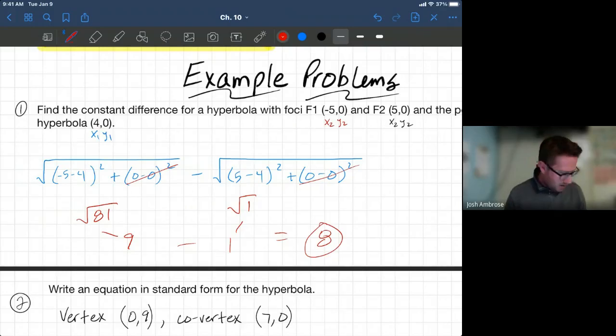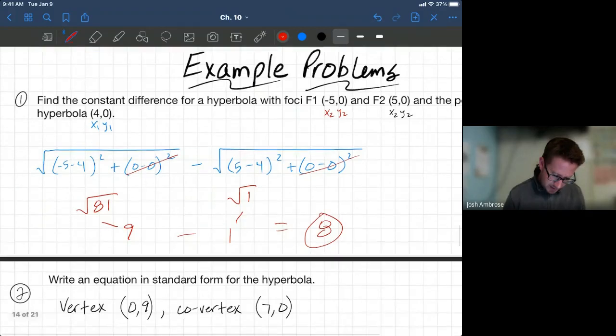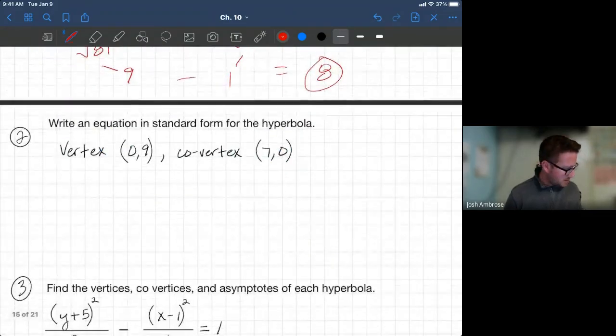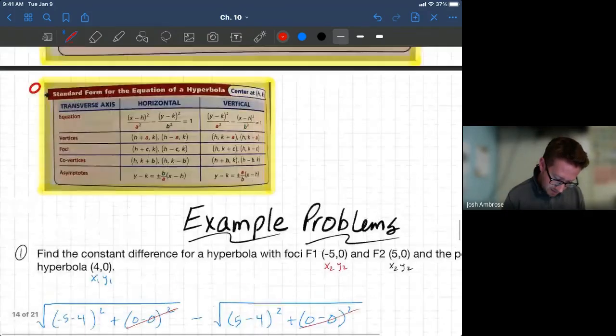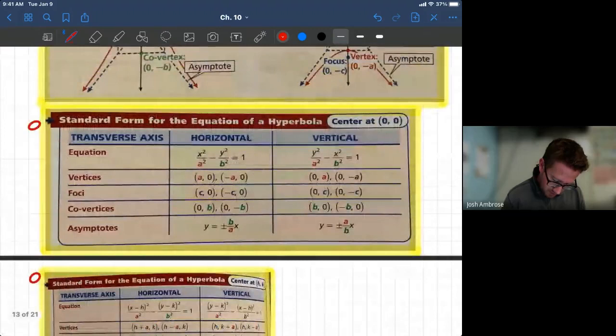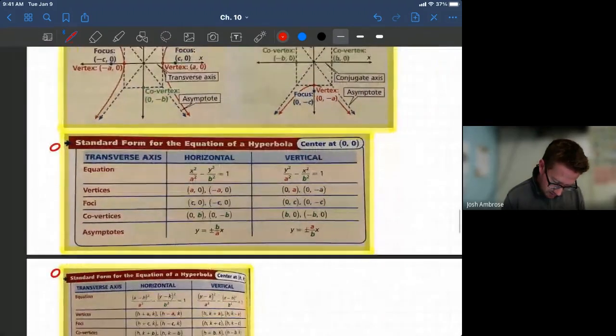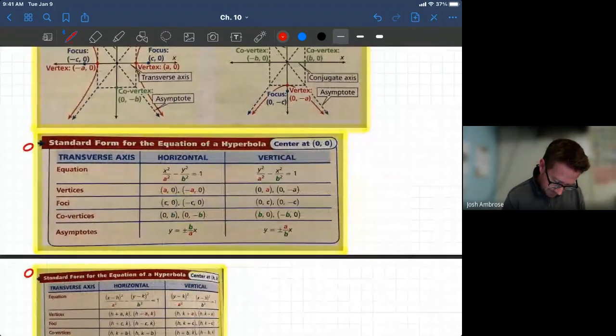All right, so let's move ahead into the second example problem, and we're dealing with an equation in standard form. And we have a vertex and a co-vertex. This works out quite nice because we have the information right here.